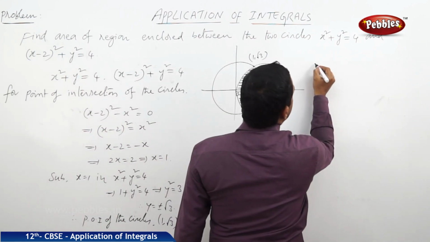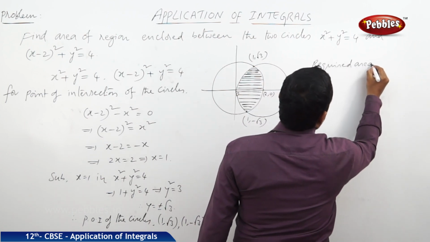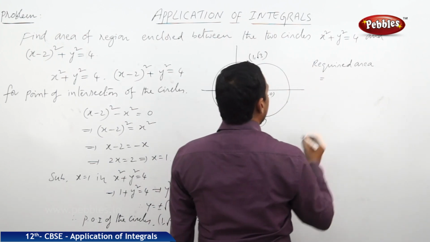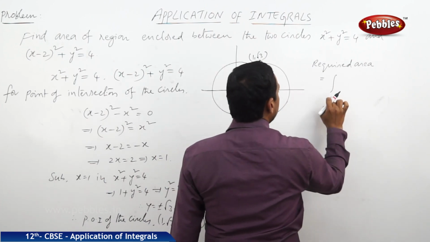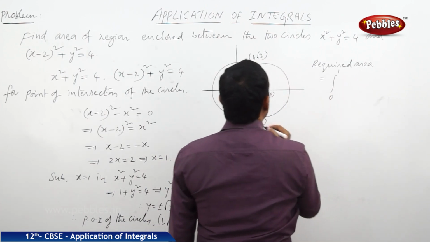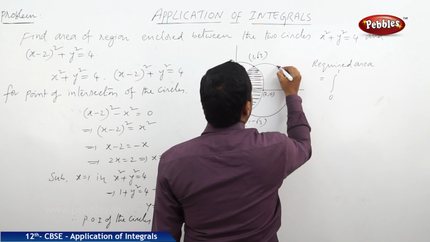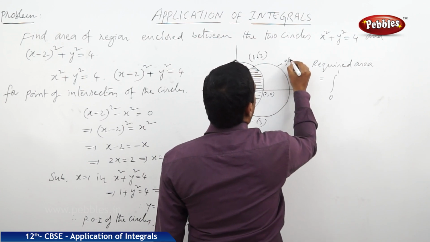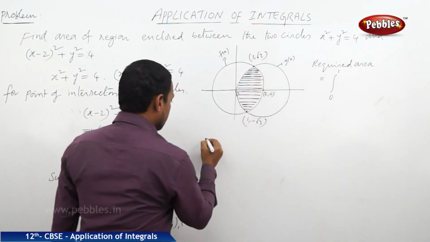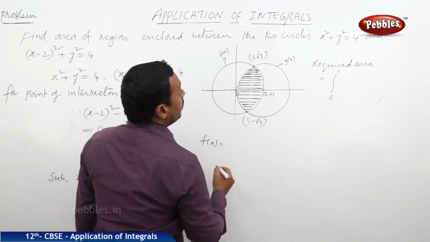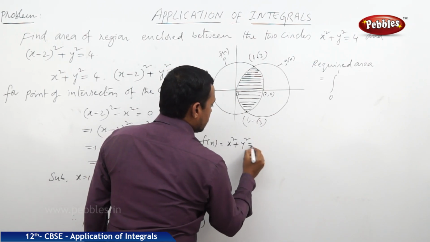from the diagram, the required area is equal to integral 0 to 1. Here, this is the curve, let it be the curve g of x, and let it be the curve f of x. For our convenience, consider f of x is equal to the circle x square plus y square is equal to 4.